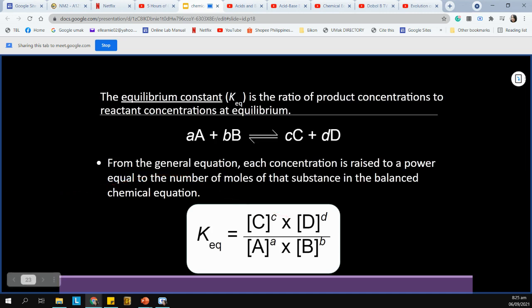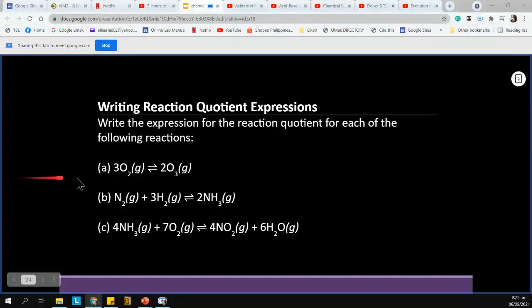Okay, so let's have an example here. So try writing the equilibrium constants of the following. So sulat niyo sa papel, and then we're gonna share screen. I'm gonna allow you to share screen. Okay. So write the equilibrium constant. I think naroon yata doon sa pinadala ko sa PDF ba?